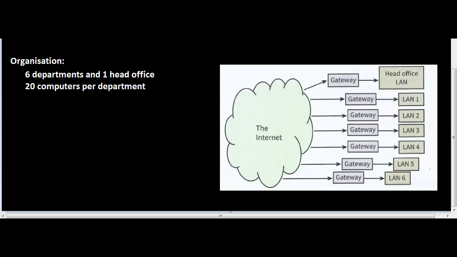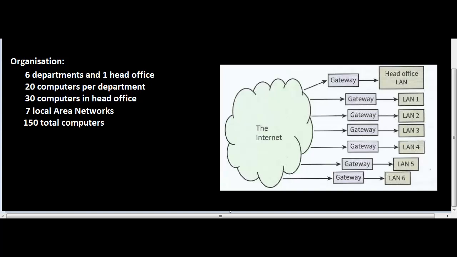Now each of these departments is going to have its own local area network with 20 computers in it. And in the head office, we will have a LAN with 30 computers in it. Since all the 6 departments and the head office will each have their own local area network, we'll have 7 local area networks altogether, and we will have a total of 150 computers.